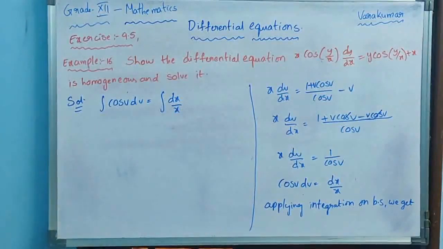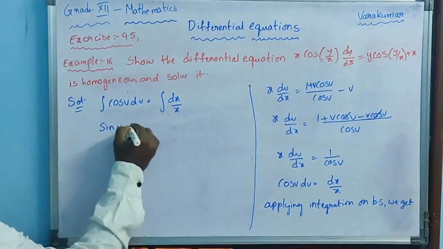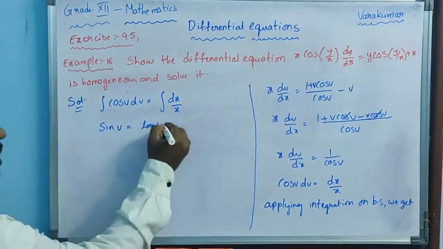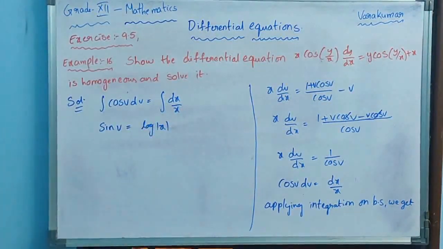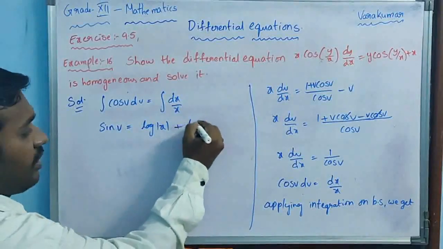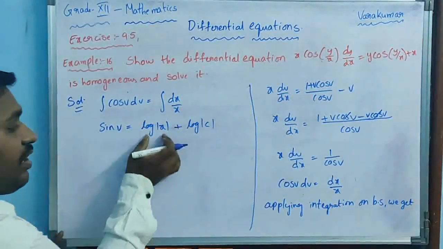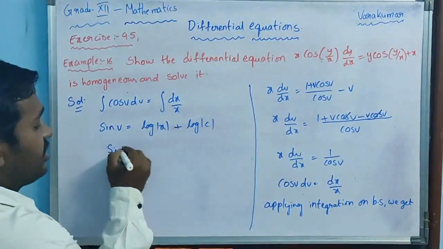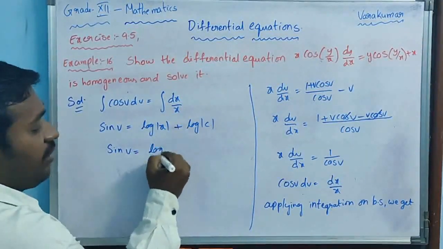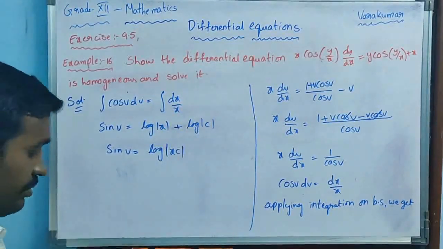The integral of cos v is sin v, so sin v = log|x| plus an arbitrary constant. You can take a normal arbitrary constant or you can take a logarithm also. Here I am taking a logarithmic constant, so it looks like log a plus log b.